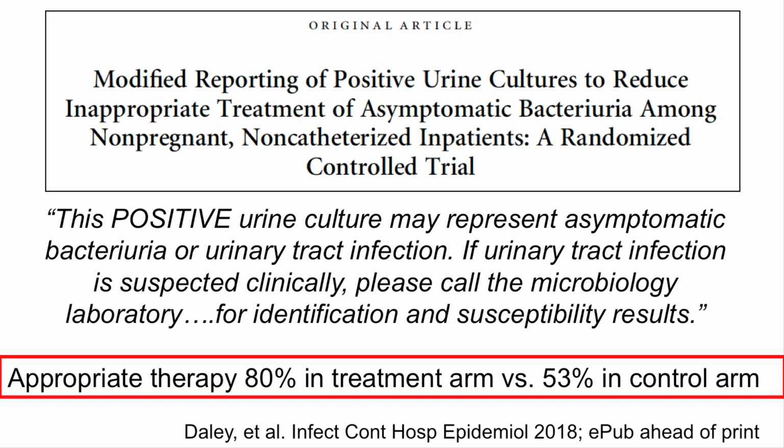They reported this: this positive urine culture might represent asymptomatic bacteria or UTI. If you really suspect UTI, call us, and we'll give you the results. And they increased the appropriate therapy or non-therapy, as it may be, to 80% from 50%.